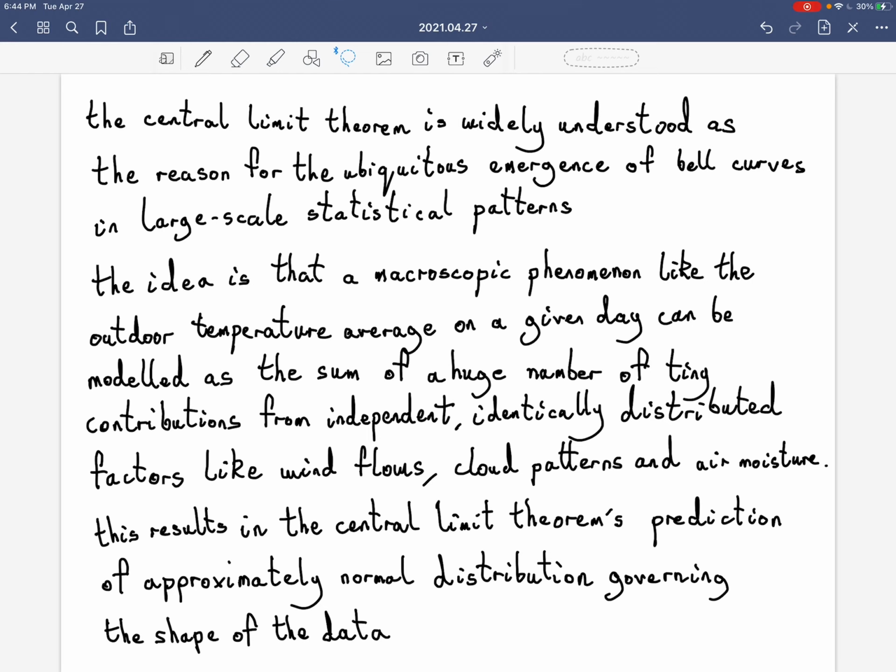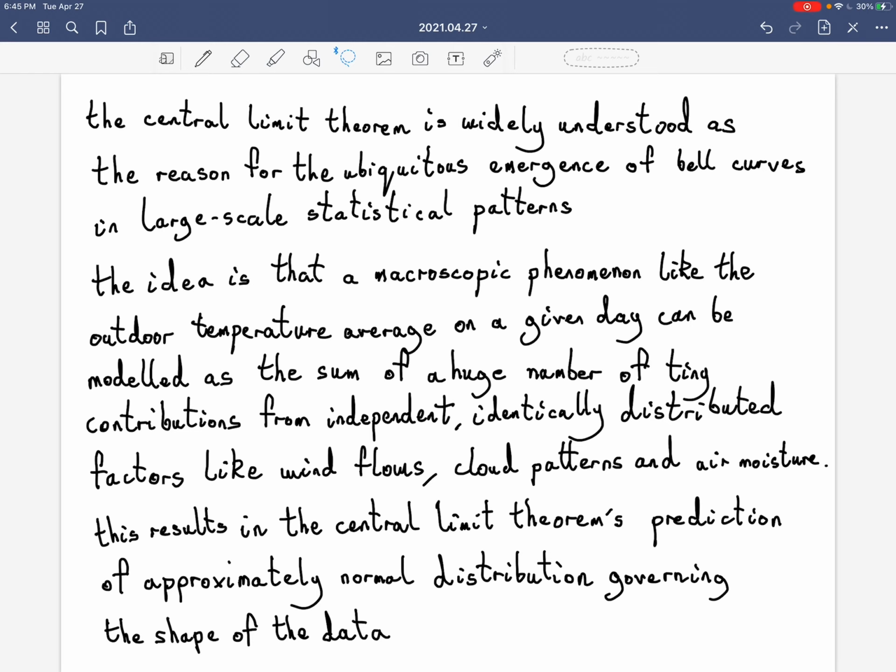And obviously the justification for this is the kind of microscopic to macroscopic transition that is the main topic of statistical physics.